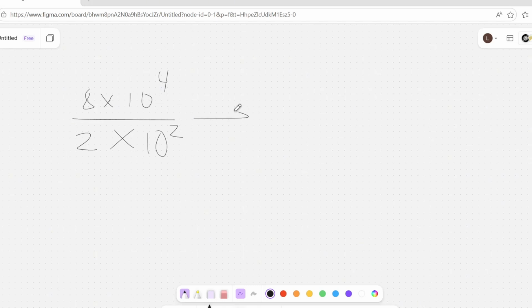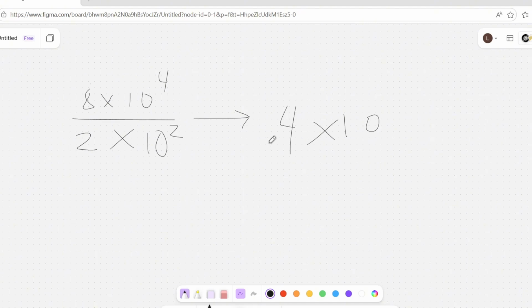So let's try to solve this step by step. Let's evaluate this one first and this one together. So just simply divide individually. 8 divided by 2 is 4, multiplied by 10.